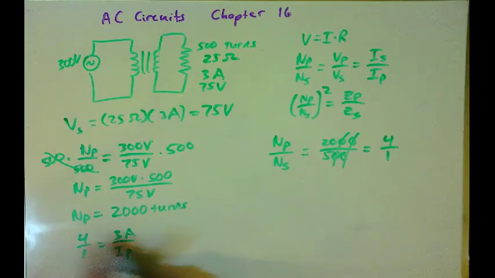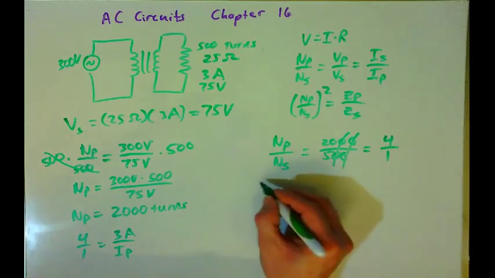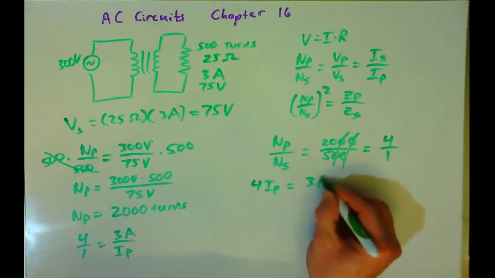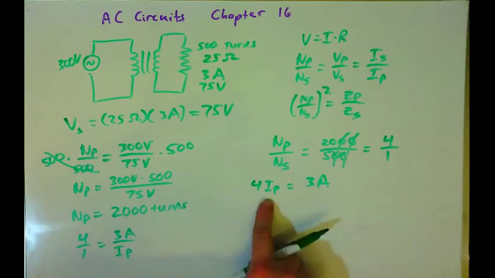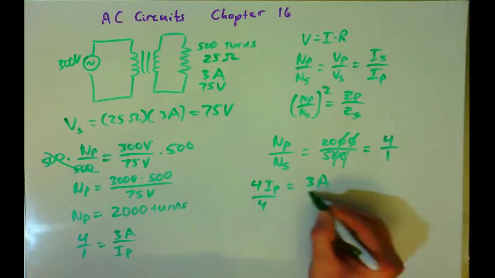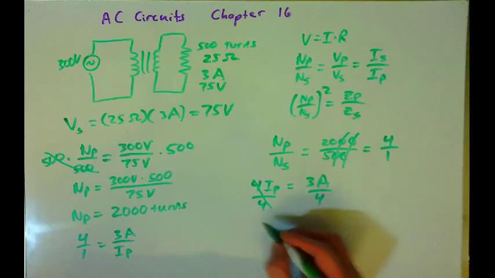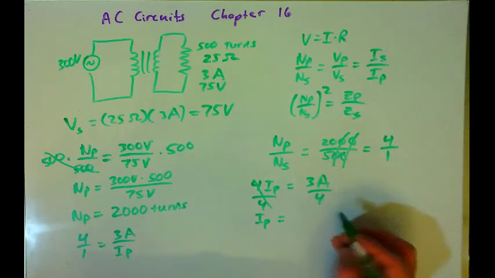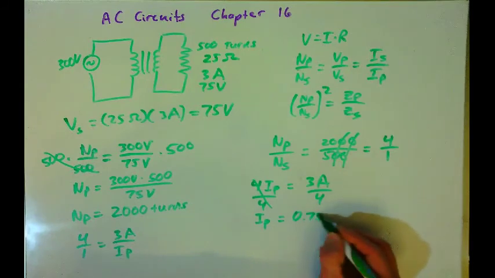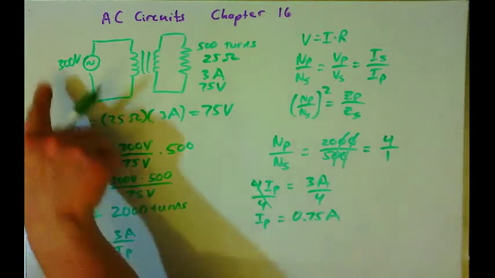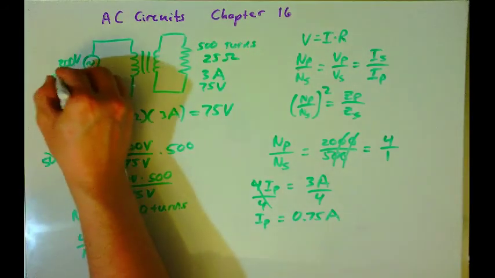And so we can cross multiply here, and we will get 4IP is equal to 3 amps. Now we divide by 4. These cancel. And we can say that IP is equal to 3 amps over 4, which is 0.75 amps, 3/4 of an amp. And so that is the current in the primary.